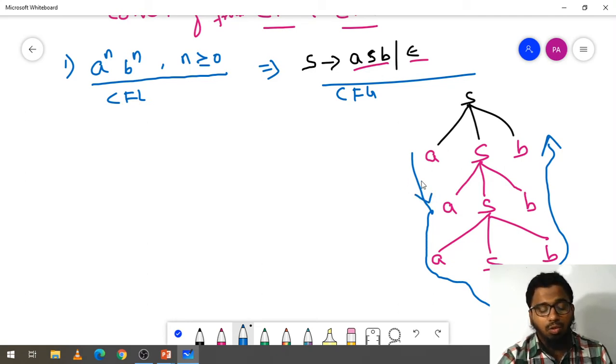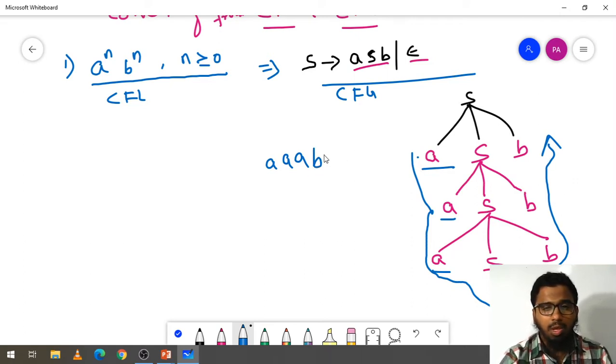So what is the answer here? 3 a's, 1, 2, 3, epsilon we do not need to take. Next b, b, b. Now check it, here 3 and here also 3, equal numbers of a's and b's. So this grammar we generated, this is the correct one, and for this we make a tree.